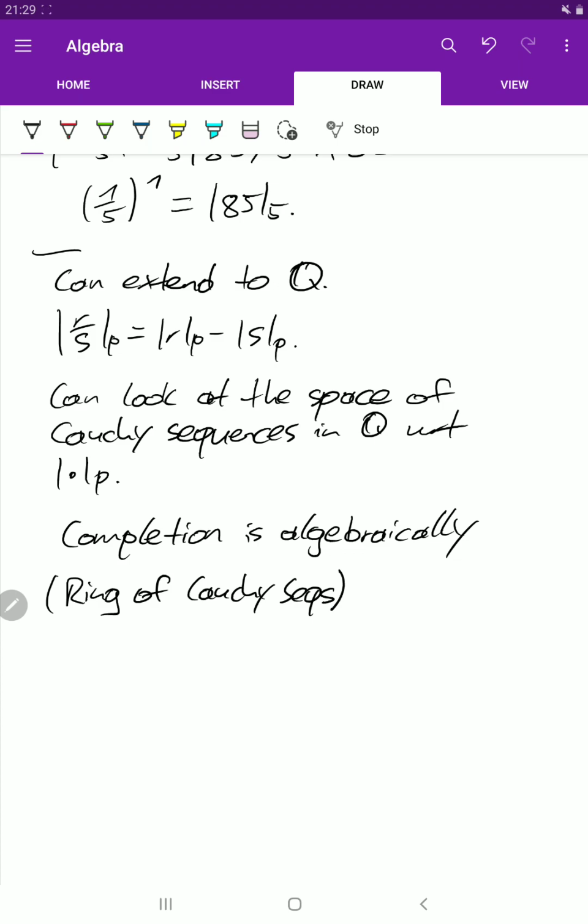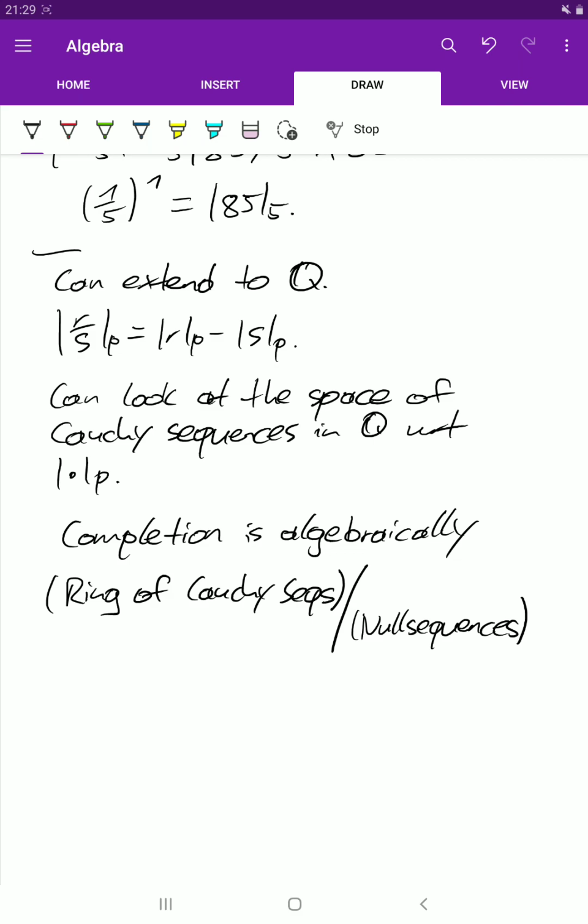The all 1 sequence is inside, and this gives us a 1, and addition and multiplication are just pointwise. And now we divide out the ideal of null sequences, the ones that converge to 0. This is easily checked to be an ideal.